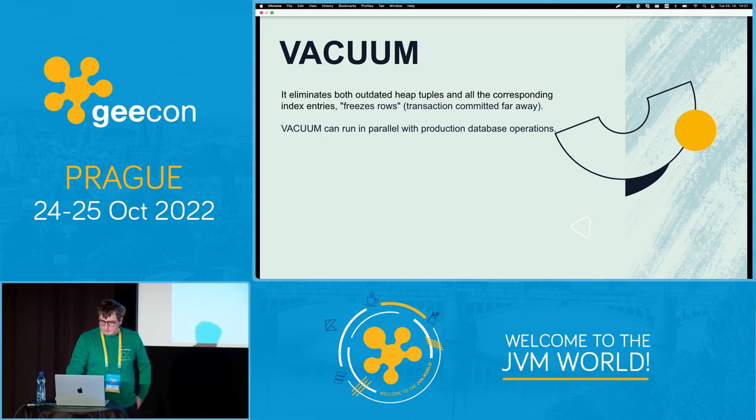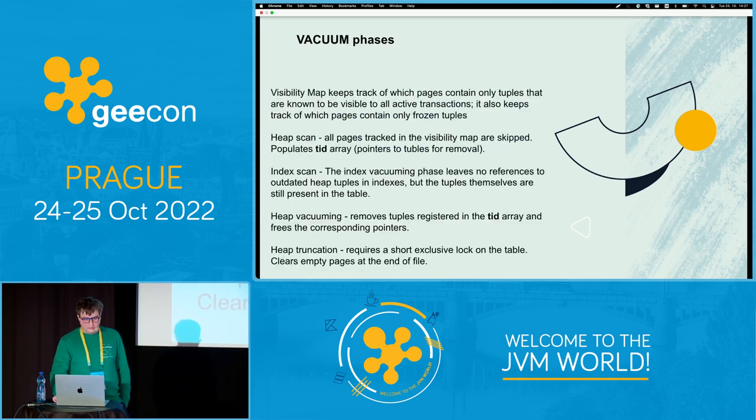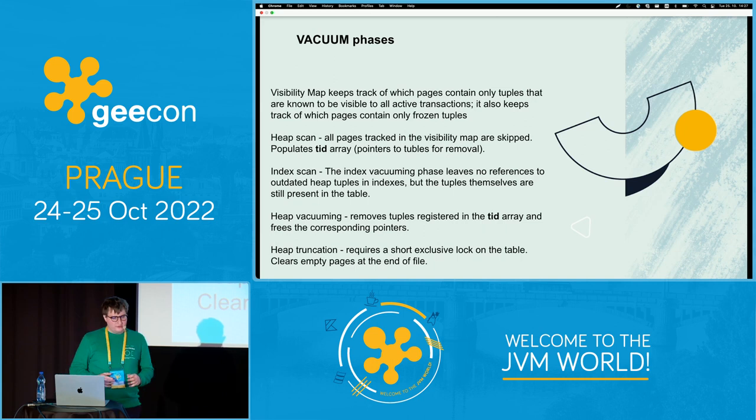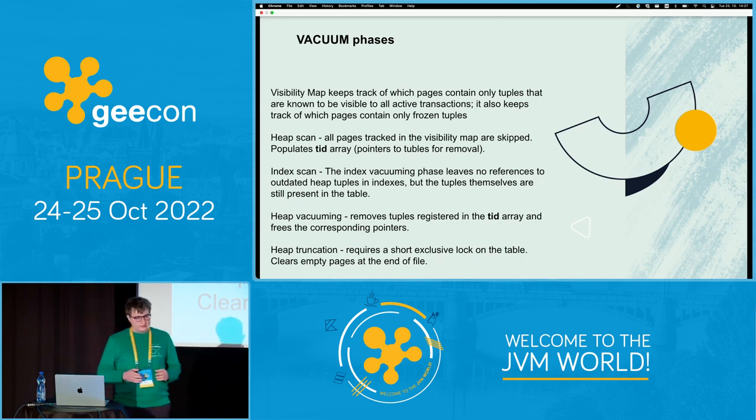So how is it done? Vacuum consists of steps. First, there is a visibility map that keeps track of, because again, you have pages. Those pages contain tuples, and you are interested in cleaning pages that have all the tuples outdated.